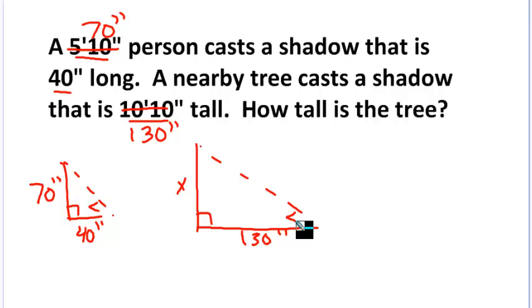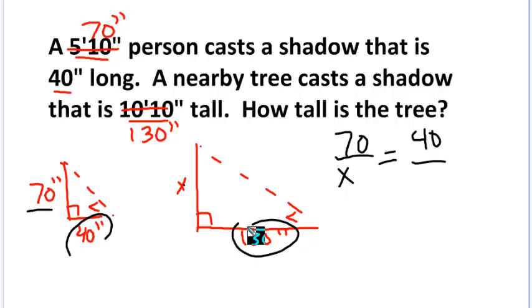And because of that, I can set up a proportion with the side lengths. So the side lengths will be proportional. So 70 on this triangle corresponds with X on the second triangle in the same way that, now let's compare their shadows. 40 on this triangle compares to 130 on the tree triangle.